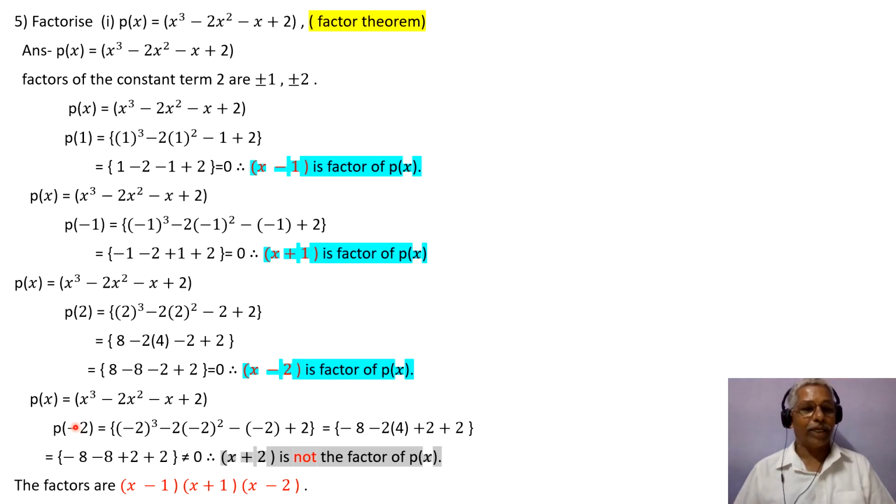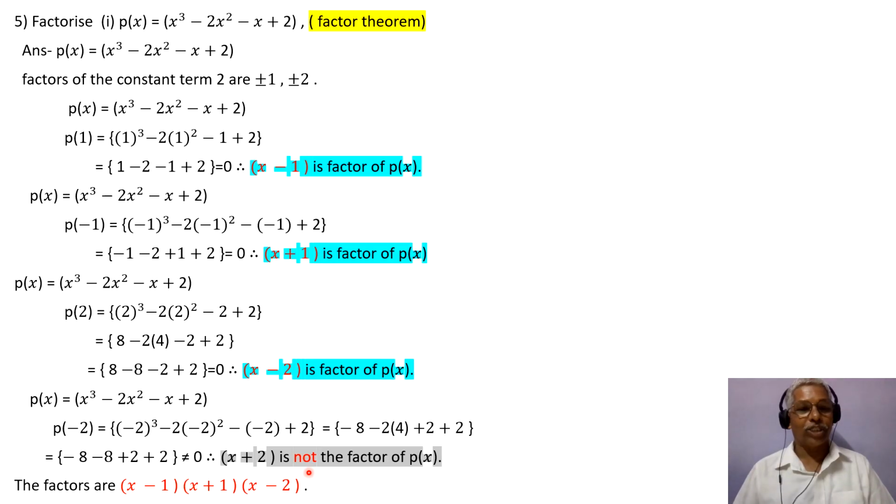We are still testing it for minus 2. No need to check actually, because for the cubic, the number of factors will be equal to the degree of the polynomial. But I'm still checking it. p(minus 2) is minus 2 cube minus 2 into minus 2 square minus 2 into minus 2 plus 2. So you get minus 8 and all this, and ultimately what you are getting is not equal to 0.